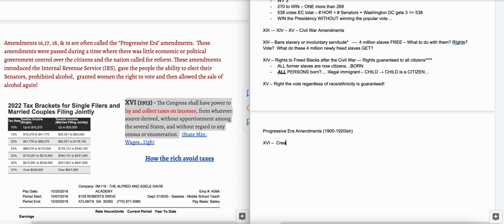This creates the federal income tax. Creates the IRS, the Internal Revenue Service. Which means now I have to pay taxes on how much money I make.